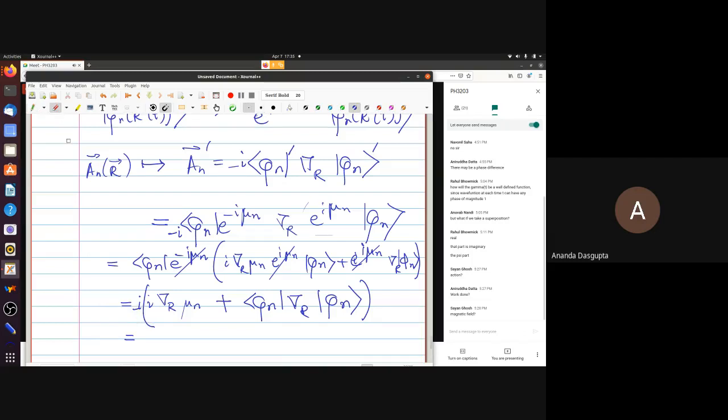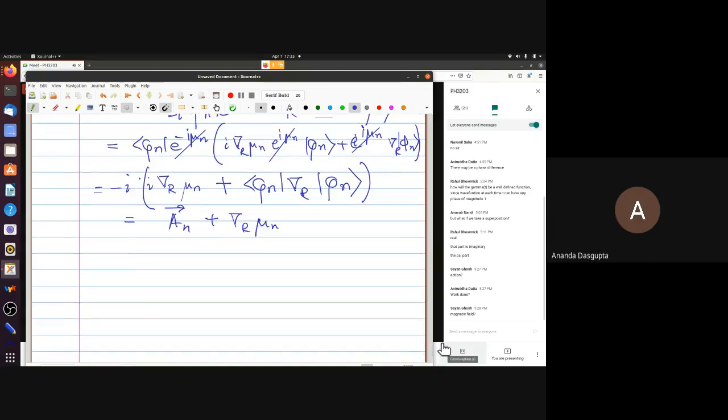So this minus i times phi n grad r phi n, that's nothing but the original an vector, whatever the an vector was before. But now you have added an additional piece to it. So does this look familiar?